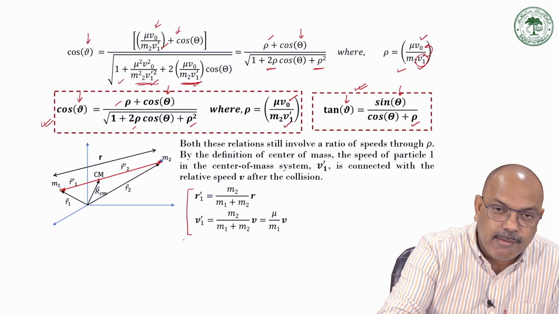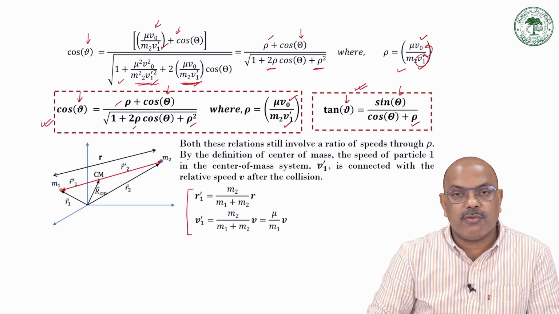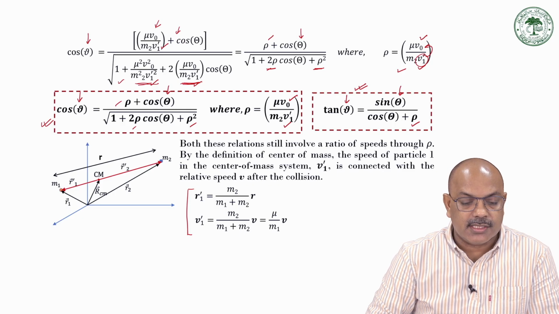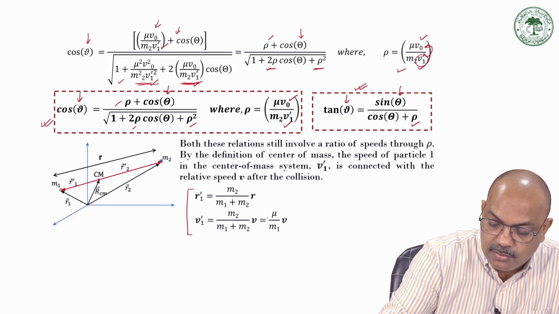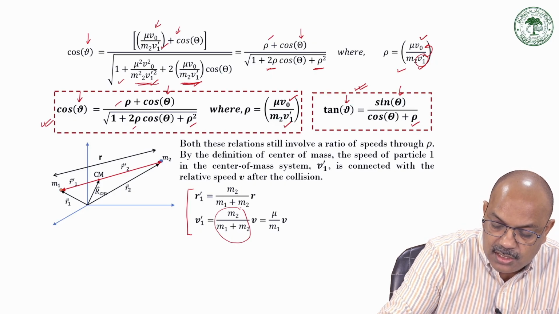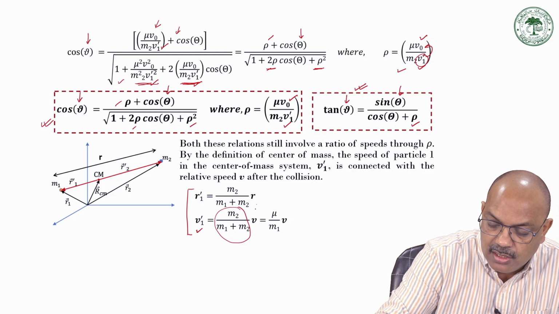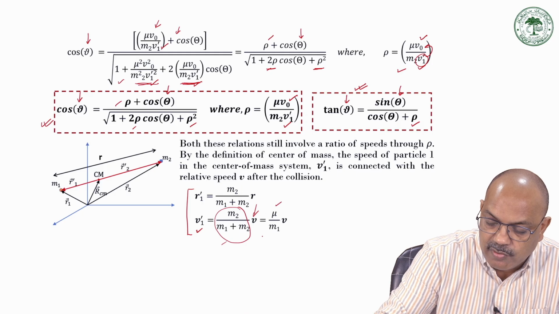We have already established this when we started with reducing the two body problem to a one body problem. I'm not going to calculate it again. This relation gives V1 prime in terms of V, written as mu divided by m1.